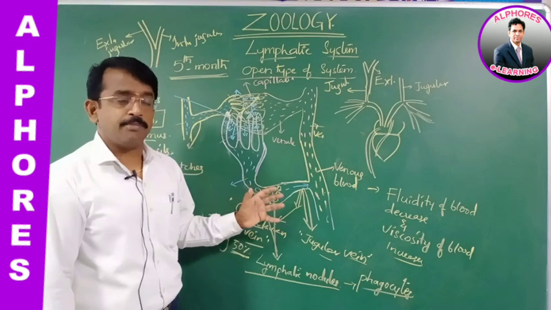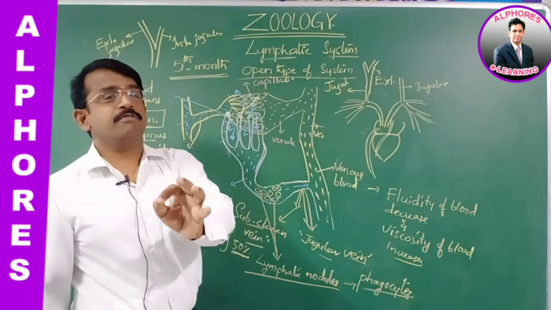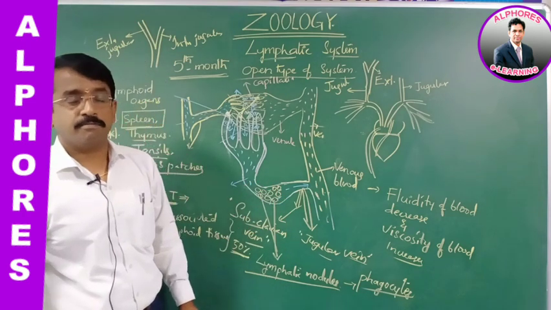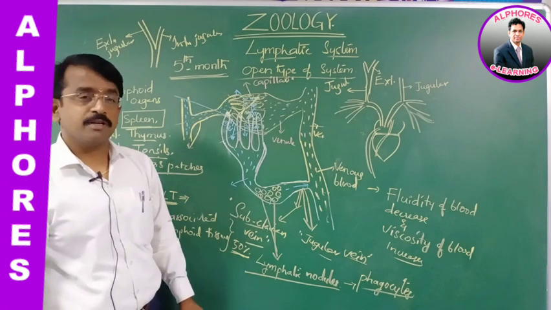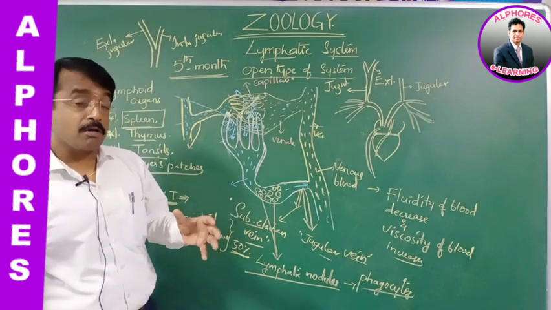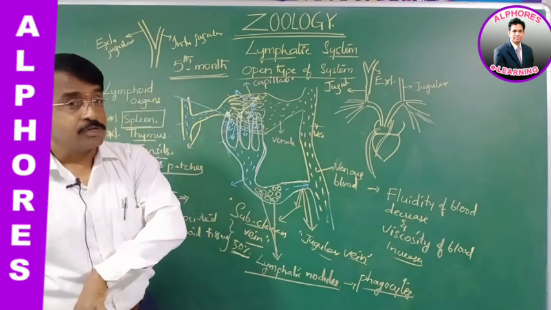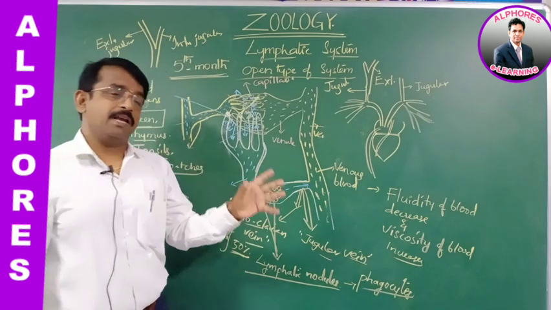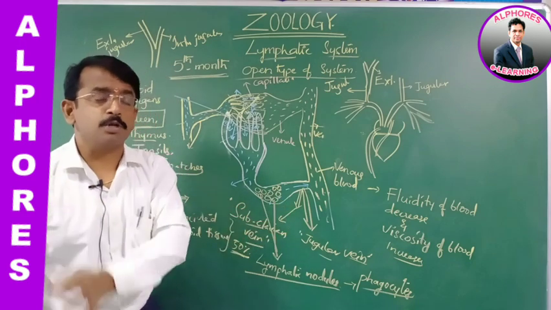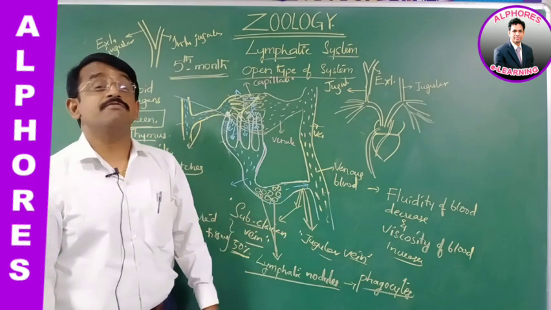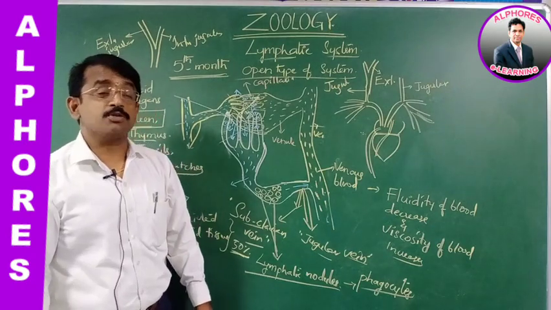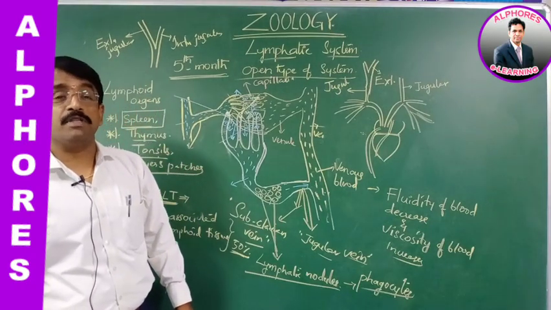WBCs of all types are present in the blood, but only lymphocytes are present in the lymph. Next, blood clotting proteins are more in the blood, less in the lymph. So blood clots quickly, lymph clots slowly. These are the differences we find in the lymph when compared with the blood.